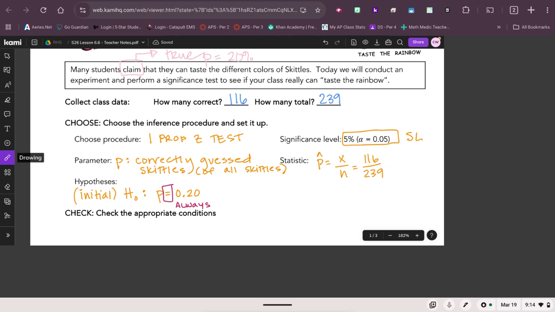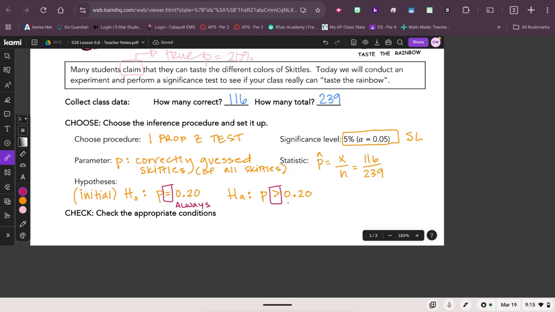Then we move on to the alternative hypothesis, and that's what we're countering with. That usually represents the claim that is being stated. So in this case, we're trying to make an argument that you guys are better at tasting the Skittles flavors than what is stated. So we're going to make it a greater than symbol to say that you did better than 20%.